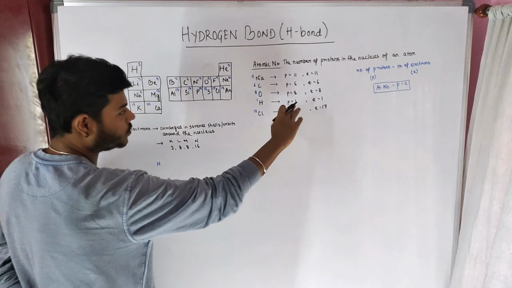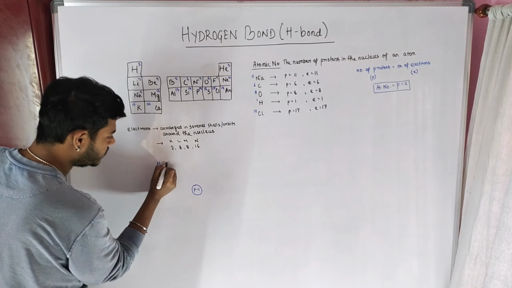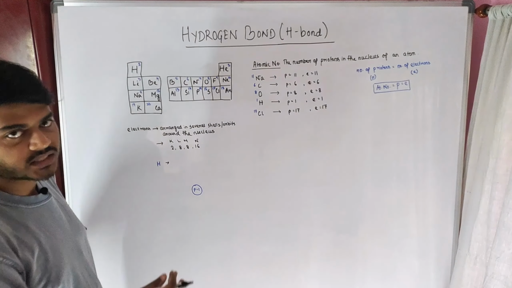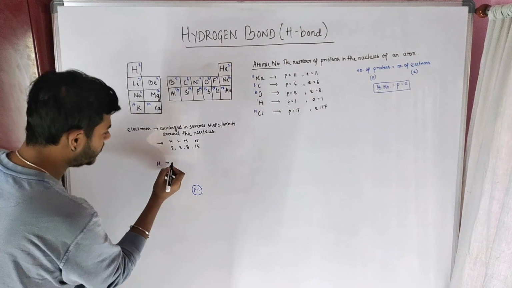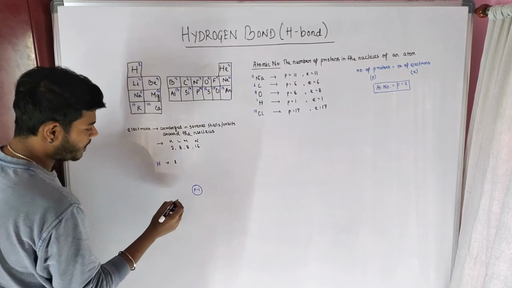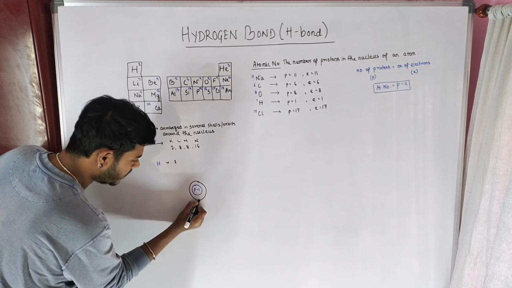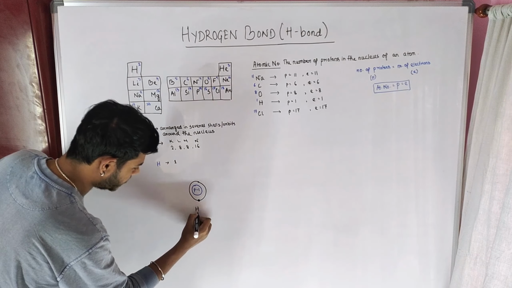Since hydrogen has one proton, it will have one electron. So it's not that difficult. The K shell can accommodate a maximum of 2 electrons, but since hydrogen has only 1 electron, it will go in the K shell. So around the proton, only 1 electron revolves around hydrogen.